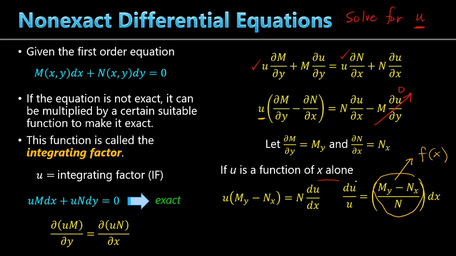So, if I integrate this, I will get ln of u. And on the right side, I will get the integral of f of x dx. So, integrating both sides, ln of u, integral ng du over u, is equal to the integral of this term, na ginawa ko na lang f of x, and then dx.